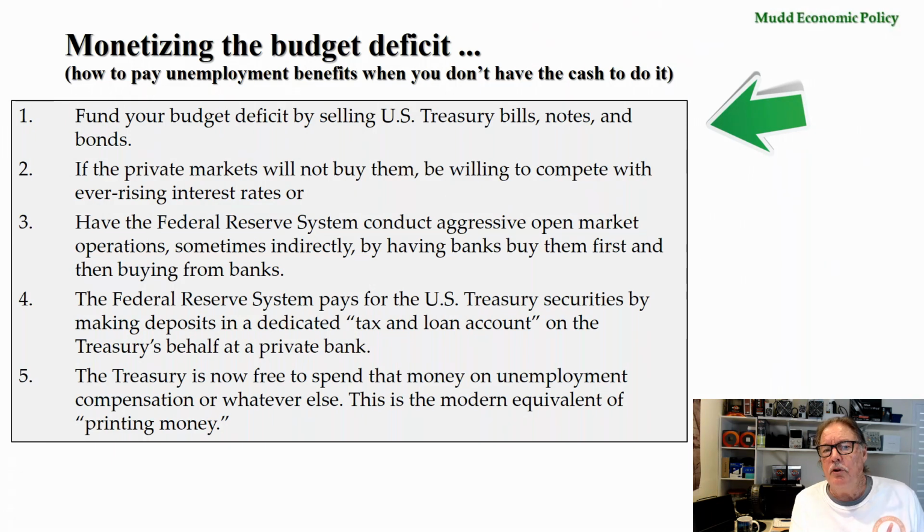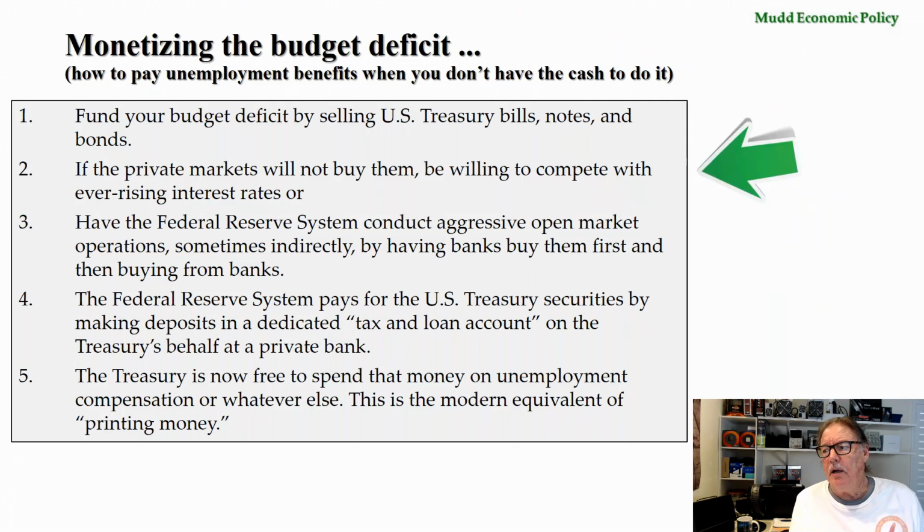You fund your budget deficit by selling United States Treasury bills, notes, and bonds. That's never been different. That's always been true, at least in the modern era. So they still have to fund those deficits through the sale of these securities.